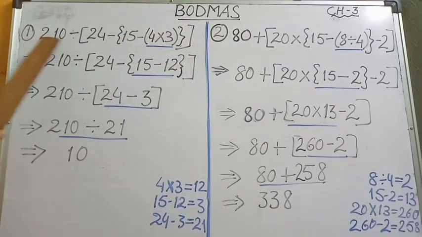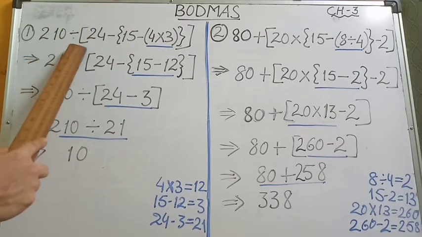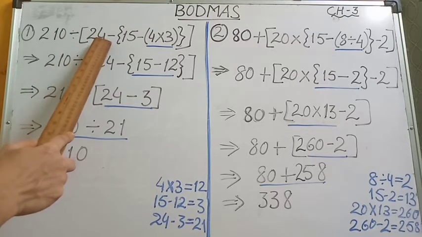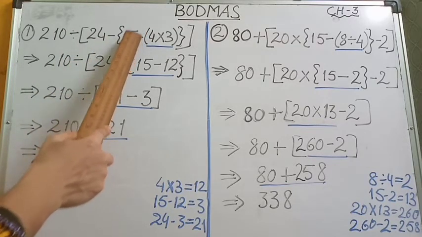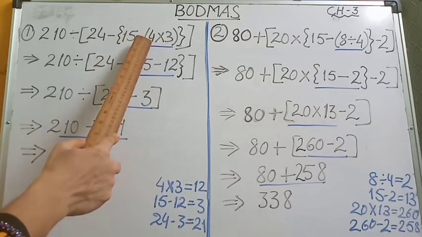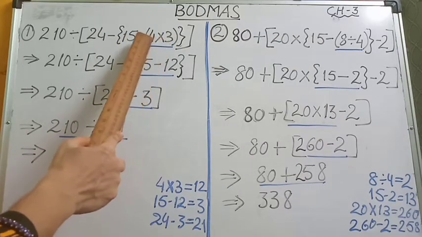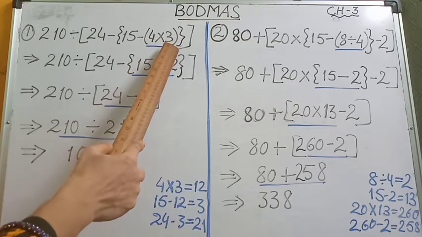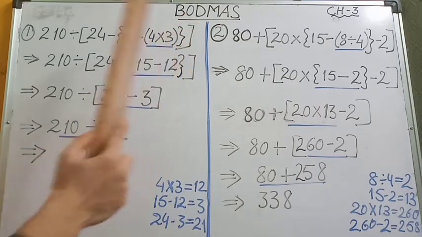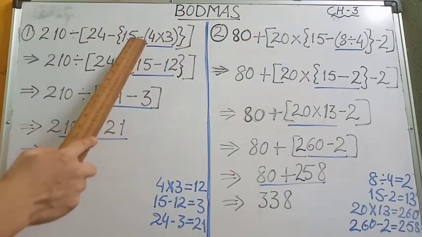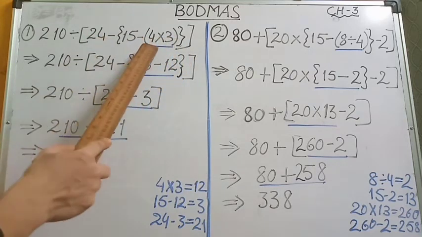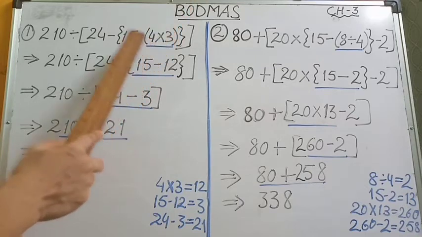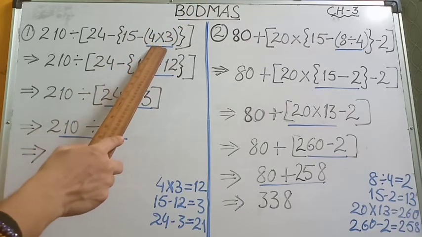First, the expression is 210 divided by square bracket 24 minus curly bracket 15 minus, this is a common bracket, 4 multiplied by 3 within the common bracket, then curly bracket close, then square bracket close. So in this expression you can see all three brackets are there. Which bracket is to be solved first? BODMAS rule says first of all we have to solve the common bracket.